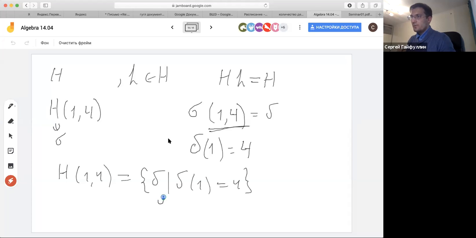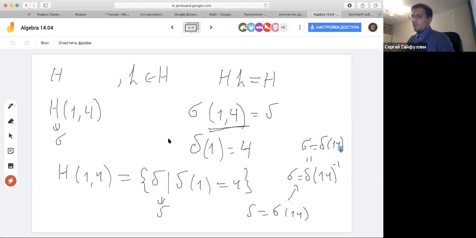If we have delta from here, then delta equals some sigma multiplied by 1/4. What is the sigma? Sigma equals delta multiplied by the inverse of 1/4. So sigma equals delta multiplied by 1/4.